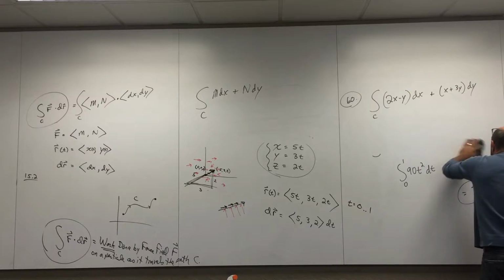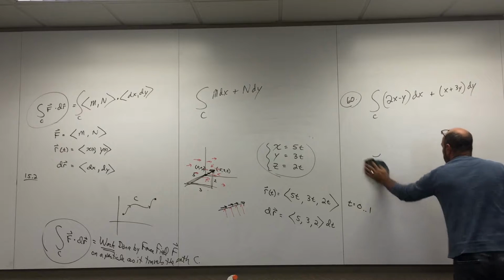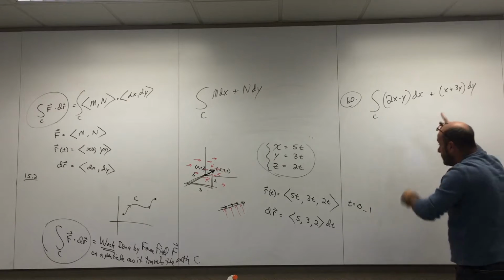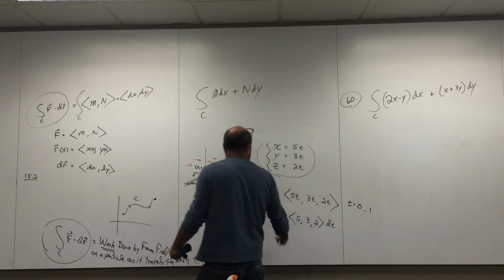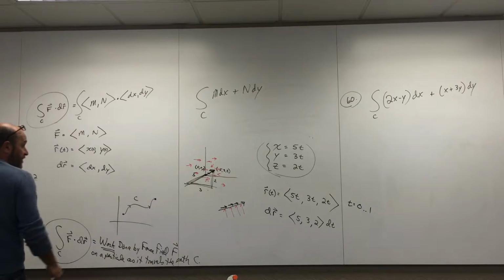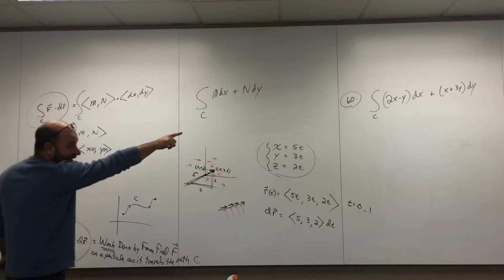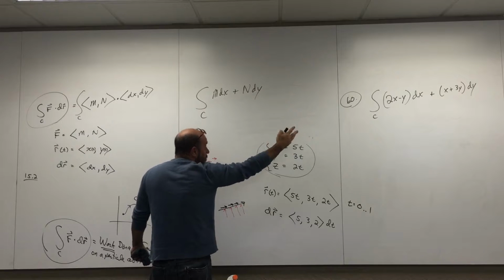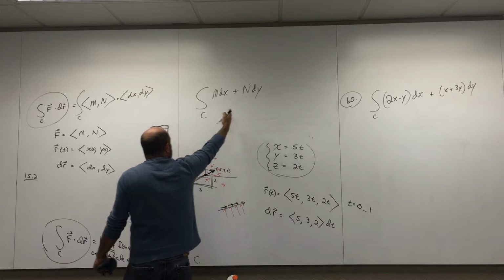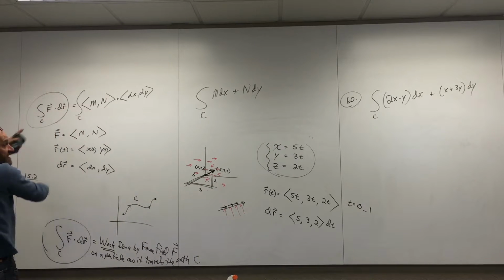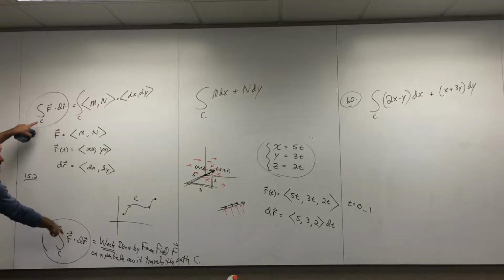And again, this is new, okay? This is in 15.2, but I didn't get to this the other day. So this is new, but what did I just try to tell you? I'm trying to tell you that that thing in that form is this thing in this form, which comes from this. So we're doing one of these work integrals, but it's in an alternative form. And by the way, what's the vector field?